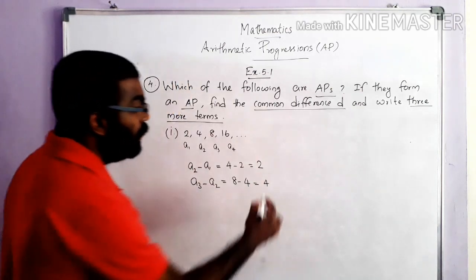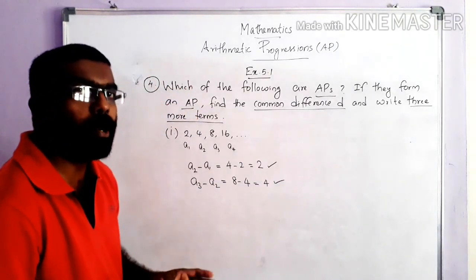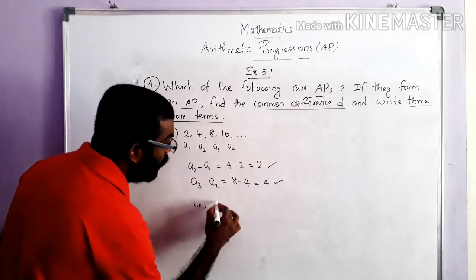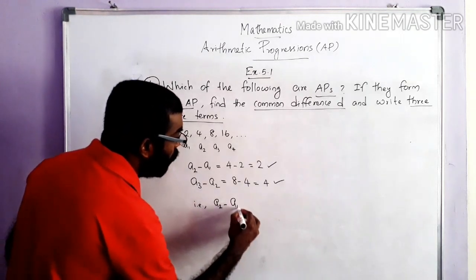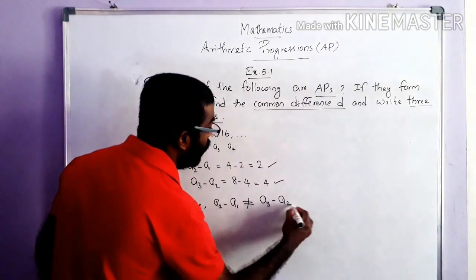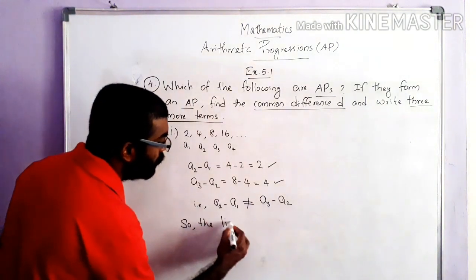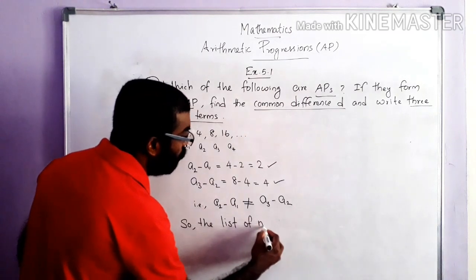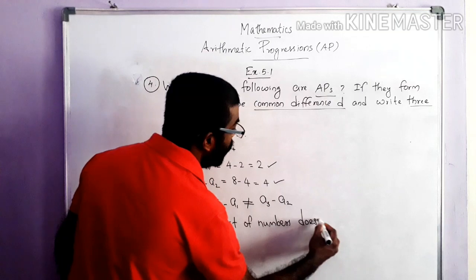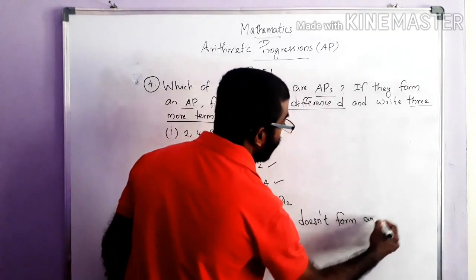And clearly these two numbers are not equal. That means the difference is not the same. So you can conclude that A2 minus A1 is not equal to A3 minus A2. So the list of numbers doesn't form an AP.